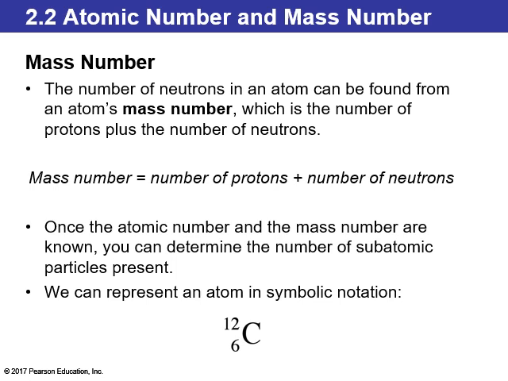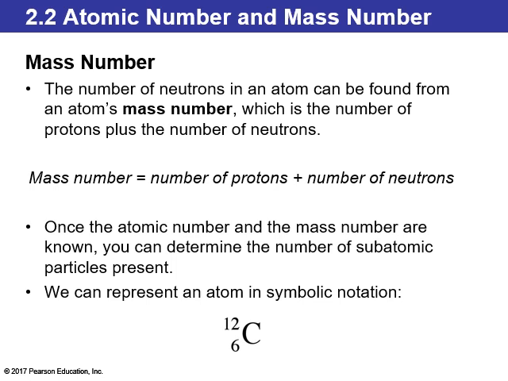Okay, mass number is different from atomic number. The mass number is what we're going to use to determine what isotope of a particular element we have. Atoms can have different isotopes, and we'll give the definition of an isotope in just a second. The mass number is the number of neutrons plus the number of protons in an atom's nucleus, or protons plus neutrons, it doesn't matter which way you do that.